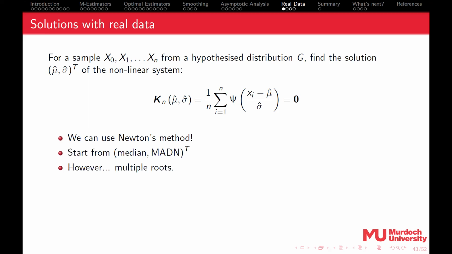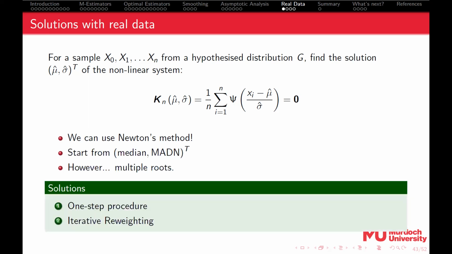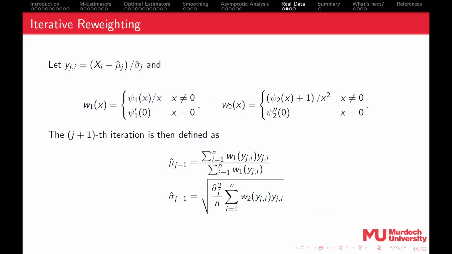And this is a very real problem. And it's something that actually is statistics in general. There are a couple of solutions. One is, or we can use a process called iterative reweighting. I'm not going to go into the it's an iterative process.